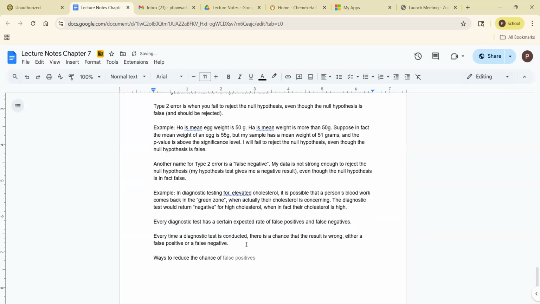So, ways to reduce the chance of type 2 error. It's basically the same. Increase your sample size. That will reduce your chance of type 2 error.